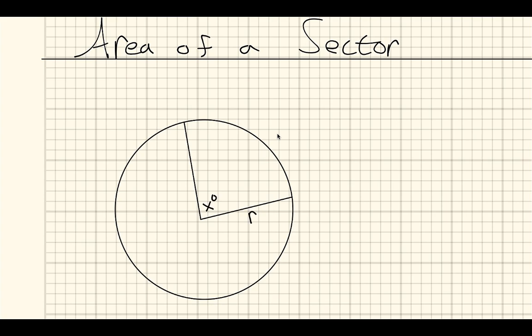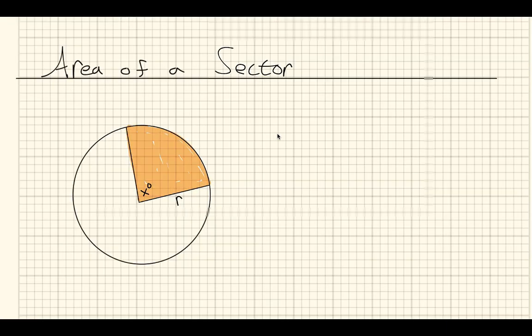We're given the radius, and we want to find this area. What is this filled in highlighted area? If we want to find that, we're still going to use the area formula.